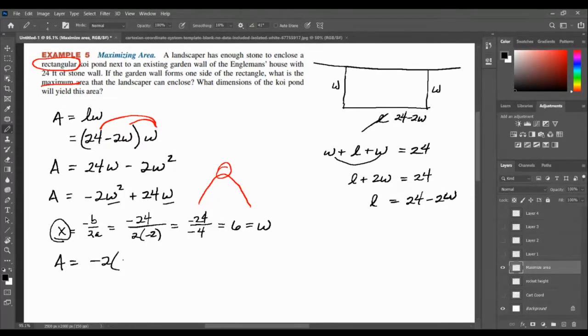So negative 2 times 6 squared plus 24 times 6. 6 squared is 36 times negative 2 is negative 72. 6 times 24 is 144. And negative 72 plus 144 is a positive 72.